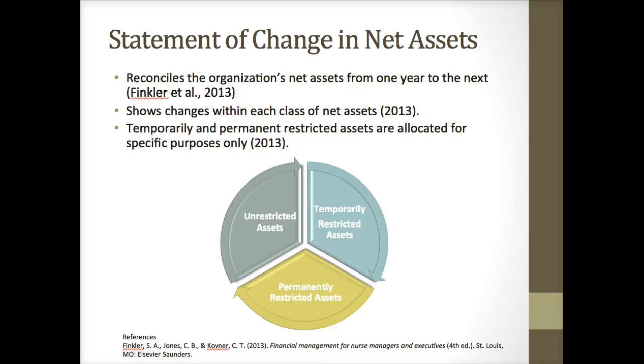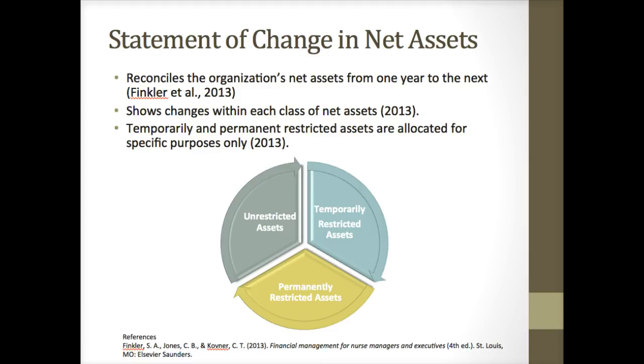The Statement of Change in Net Assets helps reconcile the organization's net assets from one year to the next. It shows changes within each class of net assets, and temporary and permanent restricted assets are allocated for specific purposes only.